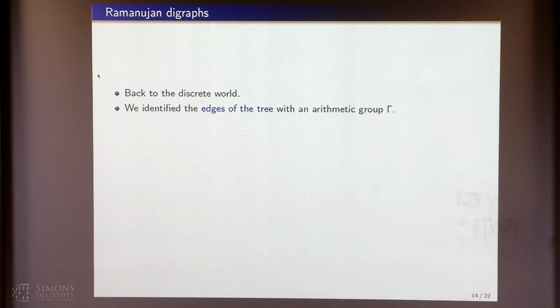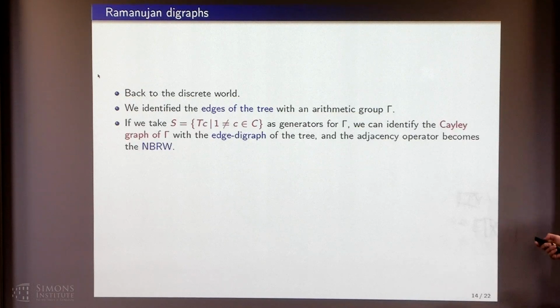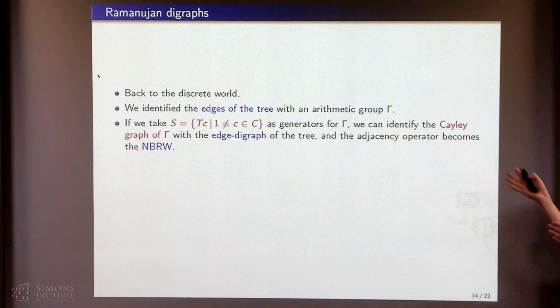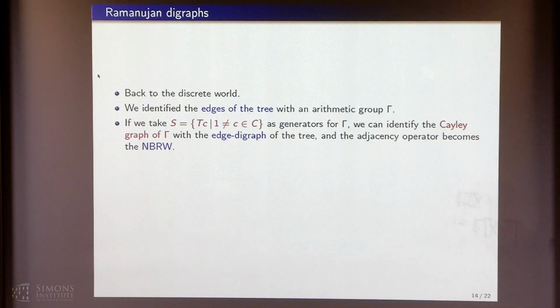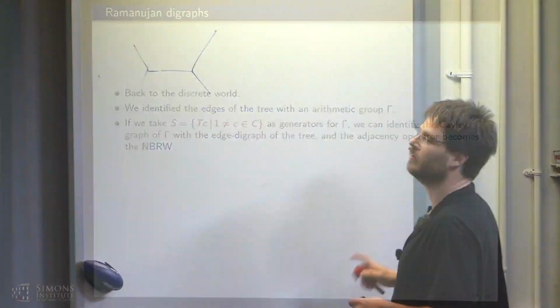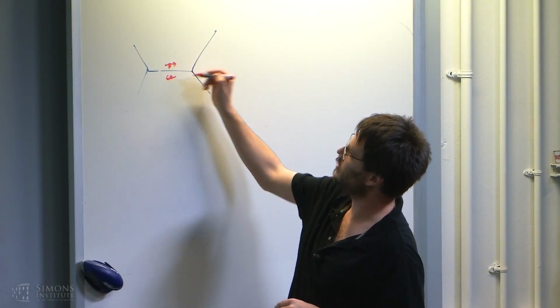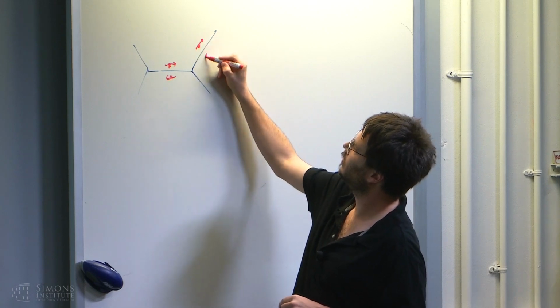So what we did now is we identified the edges of a tree with an arithmetic group, not the vertices. And on the edges, I have this set of generators. And the Cayley graph of these generators behaves like the edge digraph of the tree. So by an edge digraph, I mean you have a graph, and then for every edge in the graph, you put 2 vertices, which correspond to the 2 directions you can assign to the edge.